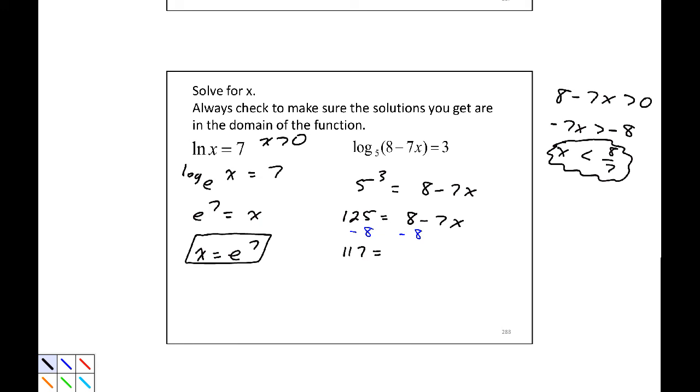So 117 equals negative 7x. And then dividing by negative 7 on both sides, we see that x is equal to negative 117 over 7. Well, is that less than 8/7? It is, because it is negative. So x equals negative 117 over 7 is a valid solution.